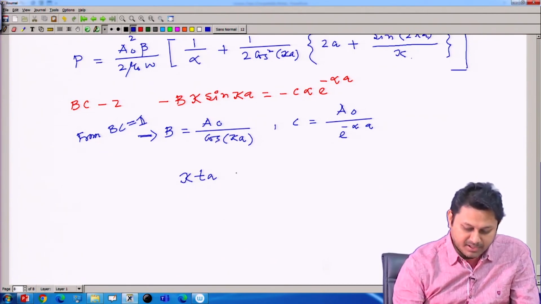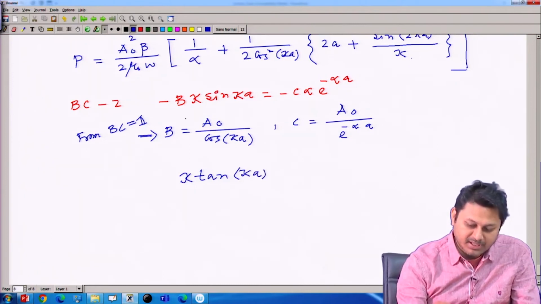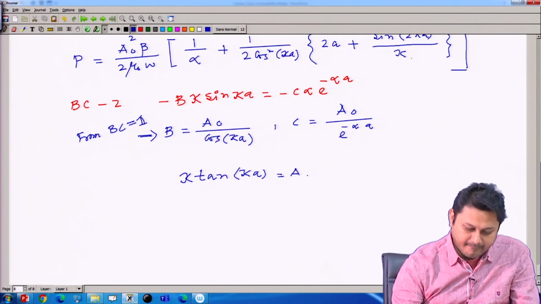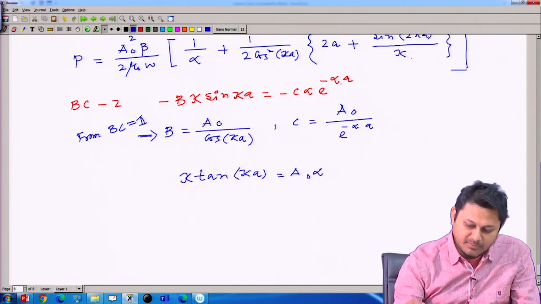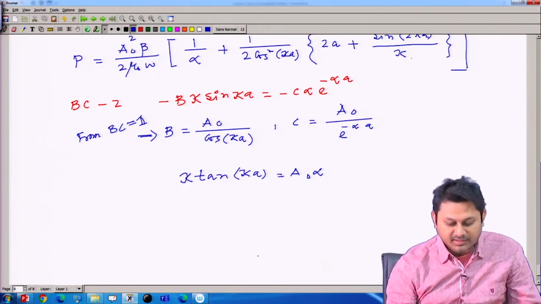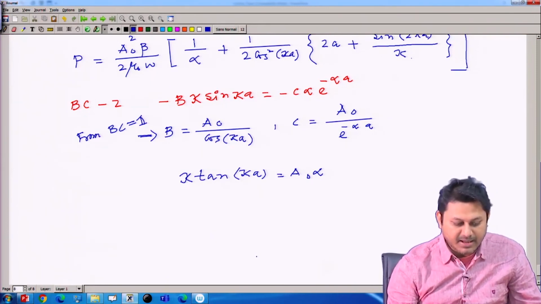So, B kappa tan of kappa a, because when you put kappa B here, then the sin divided by cos term will appear, is equal to A0 alpha, e to the power minus alpha a will cancel out. So, this additional condition I am having now.